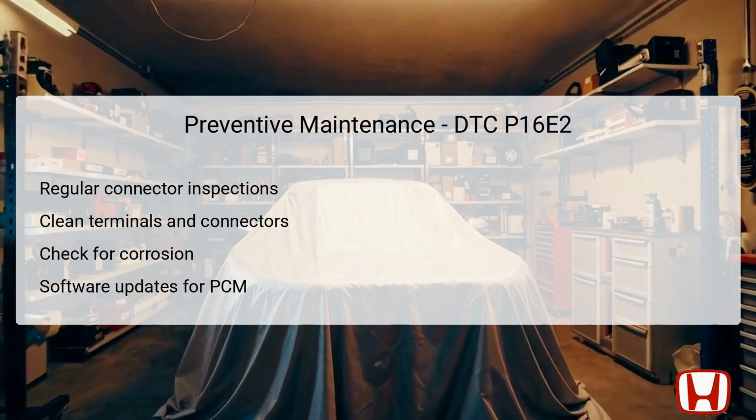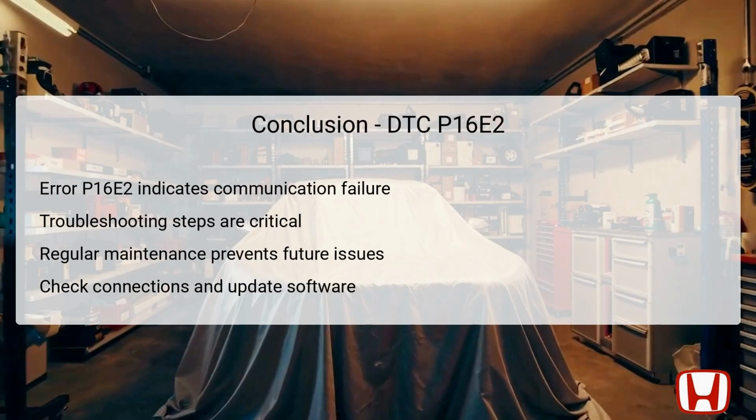In summary, the DTC P16E2 signifies a communication failure between the PGM-FI and ACG systems, crucial for vehicle performance. Following the detailed troubleshooting steps outlined will help technicians accurately identify and resolve the issue.